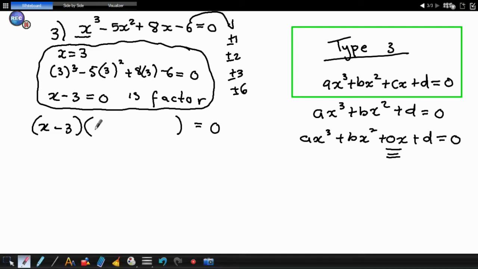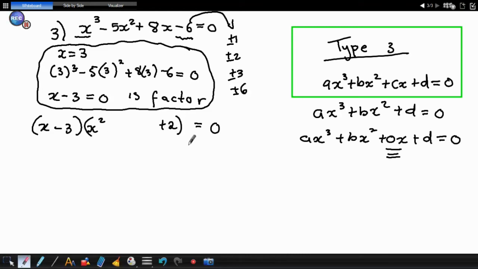How am I going to do that? What is x times something that will give you x cubed? It's x squared. Then, we know that this negative 6 will be generated by the last terms in each bracket. So what is negative 3 times something that will give you negative 6? It will be plus 2. So negative 3 times positive 2 does give us negative 6.